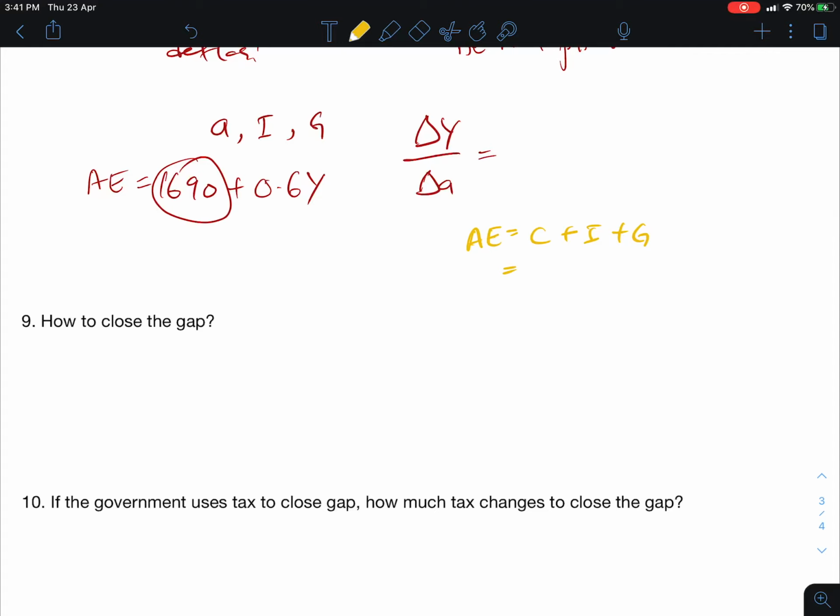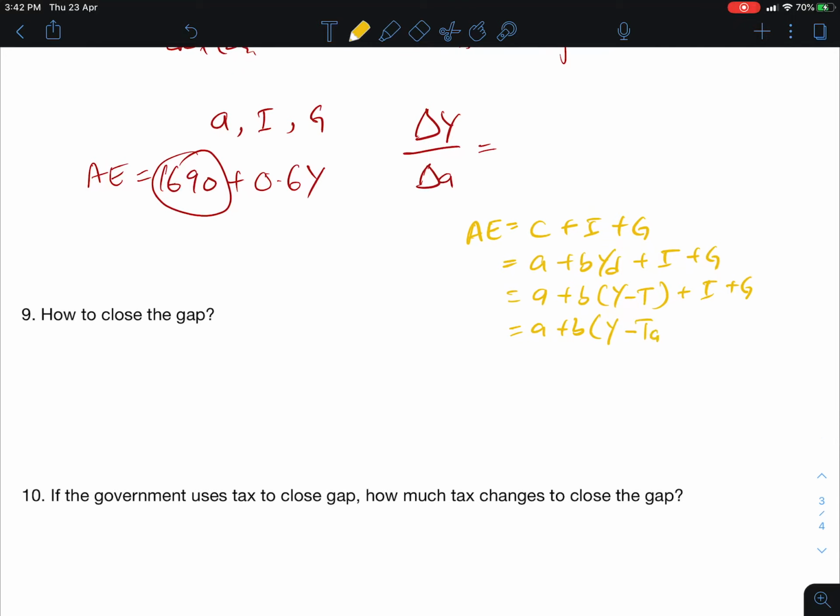C itu adalah A plus B YD. A plus B YD is C plus I plus G. So A plus B YD is Y minus T plus I plus G. What is T?